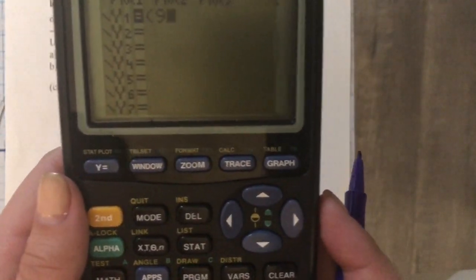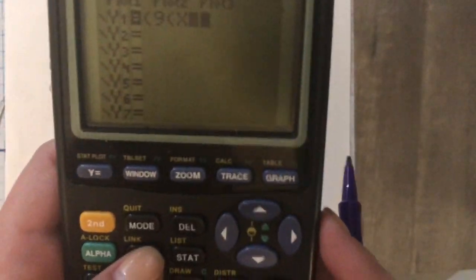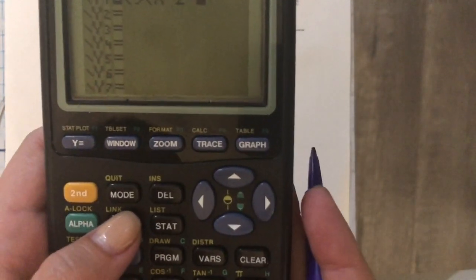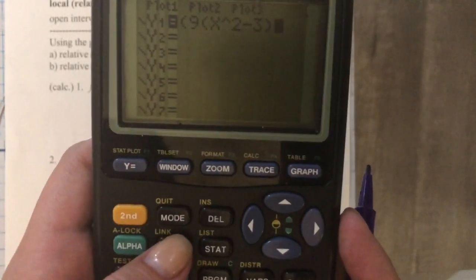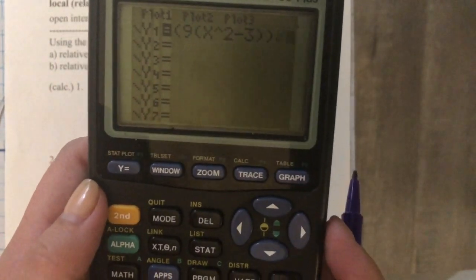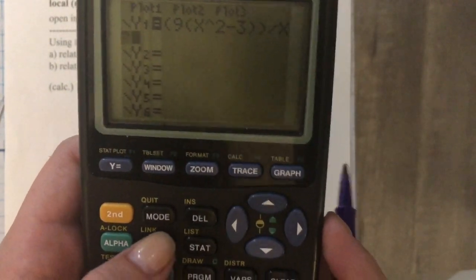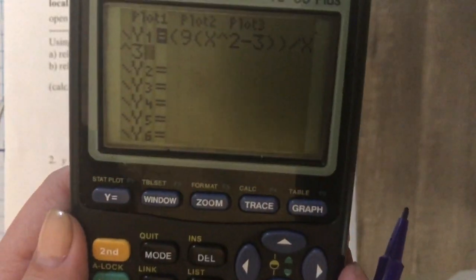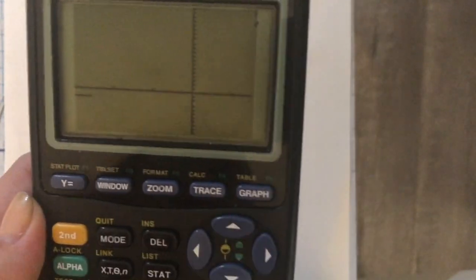Sorry that I'm moving this, I can't really see it. I should think of a better method for this. Still new at this, right? x squared minus 3. So I'm going to close that set of parentheses and then close the numerator. Divided by, we want x to the third, okay? And then I'm going to press graph.